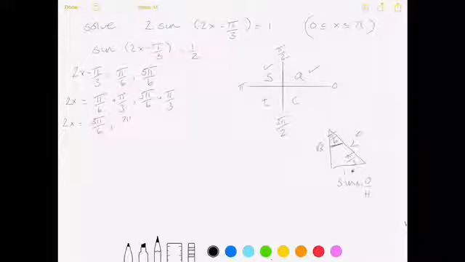Again, the 2 in front of the x indicates that we'll have 2 waves within 0 and 2 pi. I'm just going to add 2 pi onto each of my solutions, i.e. 12 pi over 6, just to make sure I get all the values.